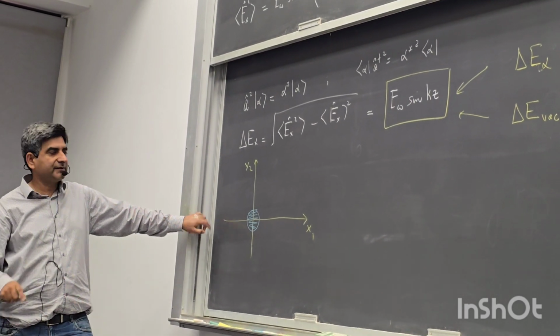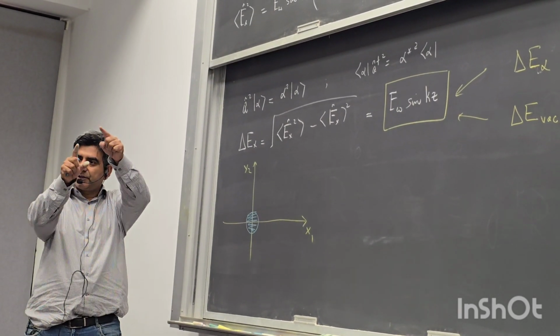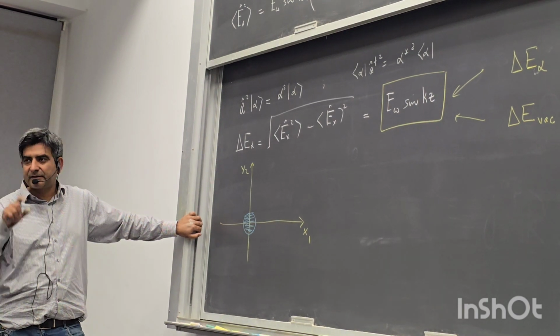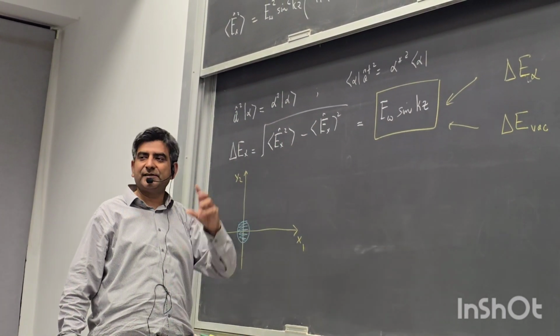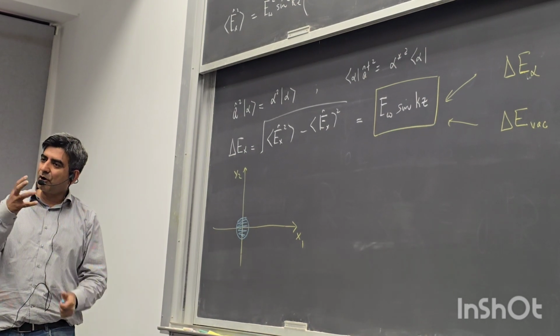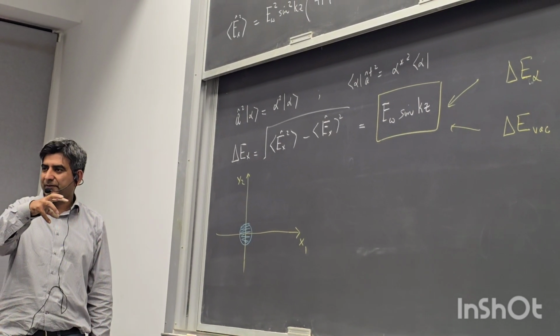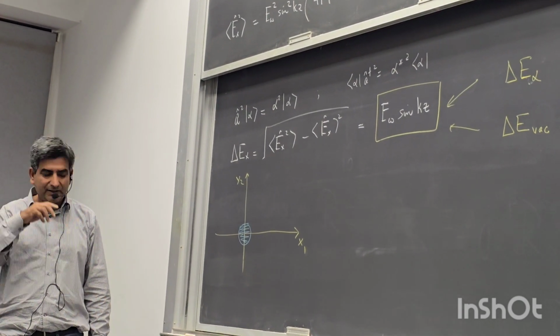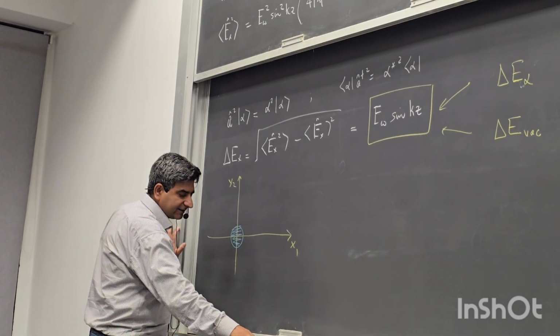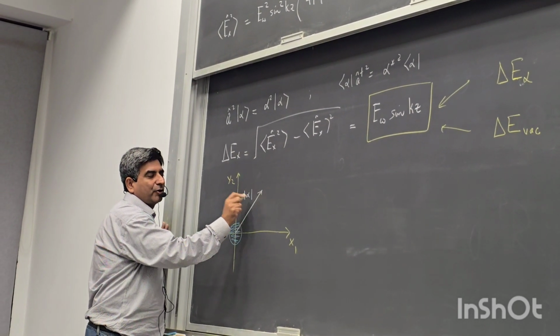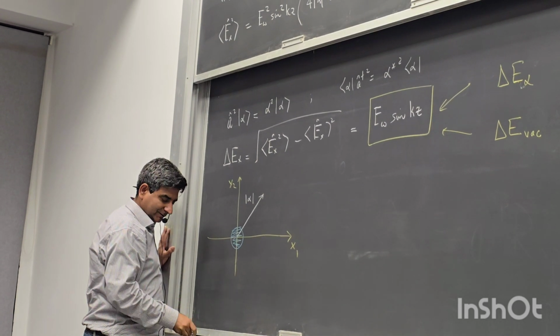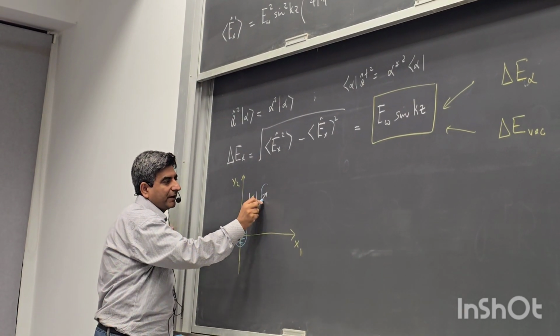And the product of the uncertainties in the two field quadratures is 1/4. And that's the minimum. The coherent state has exactly the same uncertainty. So the size of this blob in the phase space for the coherent state is exactly the same. It's only that it is displaced by alpha modulus. Okay? So this is my coherent state.